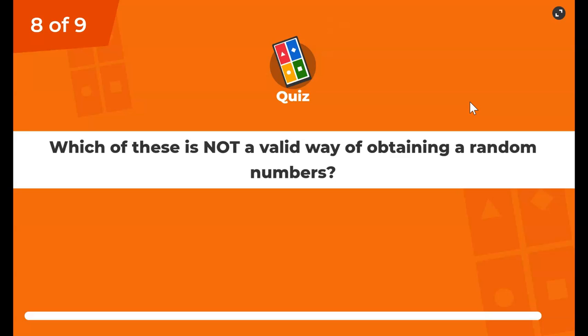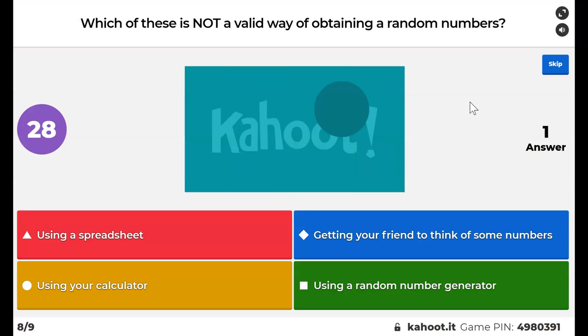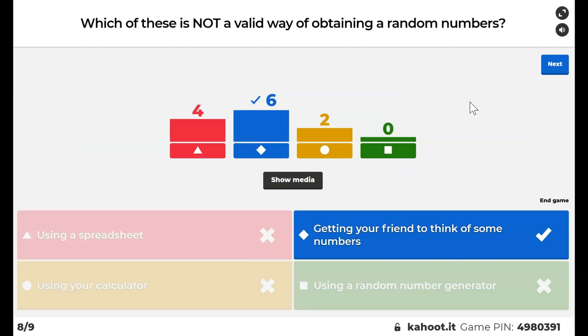Which of these is not a valid way of obtaining random numbers? You can use a spreadsheet. A spreadsheet can generate random numbers. In Excel, there's a function that just generates random numbers for you.